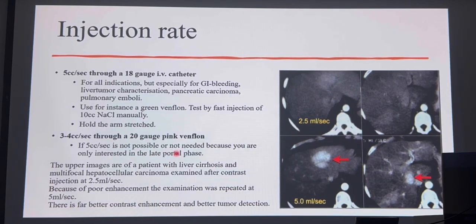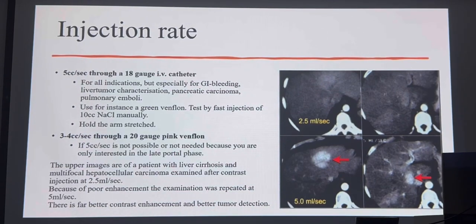We use the 5 cc injection rate and a large cannula when we are looking for early or late arterial detection, so a kind of angio or a hypervascular lesion, okay? If we are interested in later phases, portal, late venous phase, with a delayed phase, we use a smaller flow rate and a smaller gauge of cannula. Clear? This is the conclusion of this point.